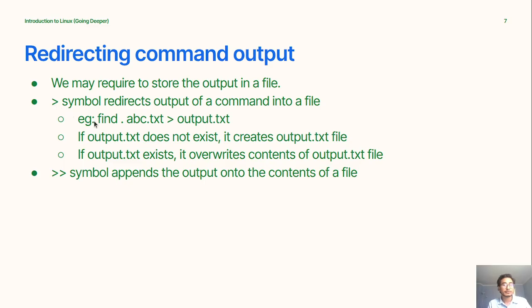For example, if we type find dot, this is the starting point, the current directory, abc.txt greater than output.txt, it finds abc.txt and stores the result in output.txt. If output.txt doesn't exist, it creates a new file called output.txt, and if output.txt exists, then it overwrites the contents of the output.txt file.